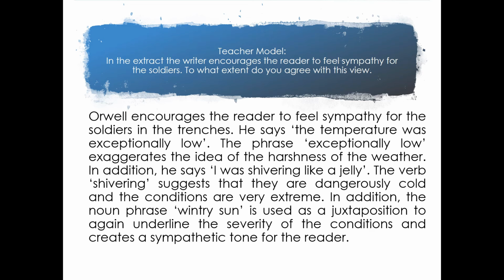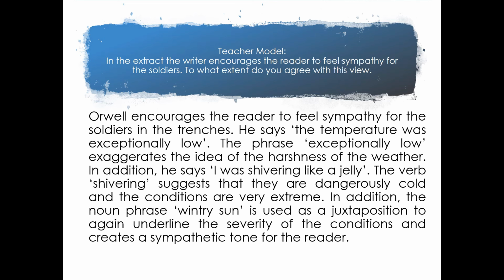Orwell encourages the reader to feel sympathy for the soldiers in the trenches. He says the temperature was exceptionally low. The phrase exceptionally low exaggerates the idea of the harshness of the weather. So I've given a clear point that the writer is creating sympathy for the soldiers.